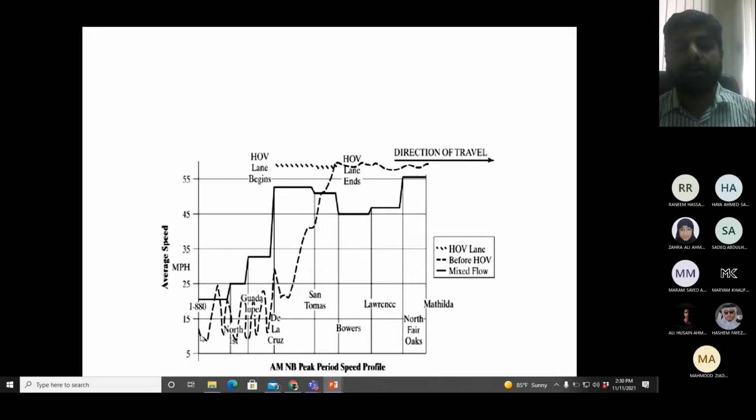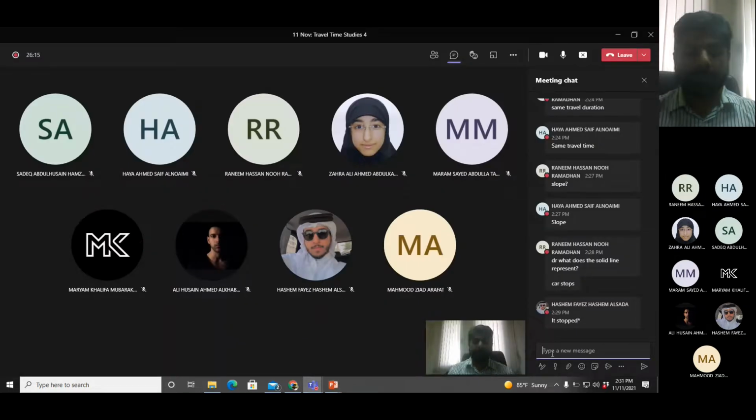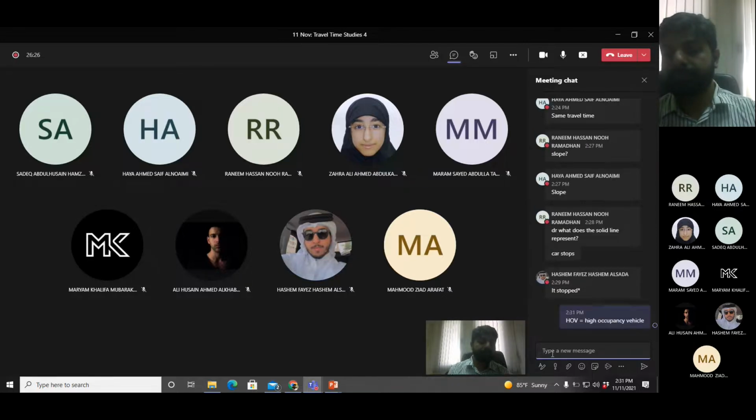In this graph you see three lines. There's a dotted line going from start to end, which they call before HOV. Then there's a smaller dotted line, which they call HOV lane. And then there's a solid line, which is mixed flow. First of all, what does HOV mean?